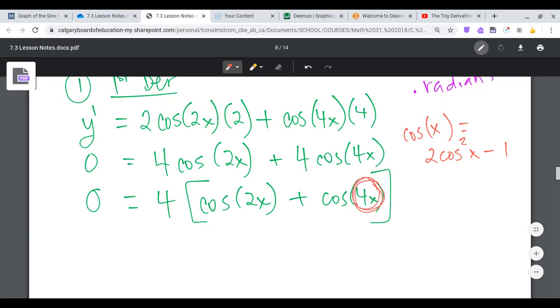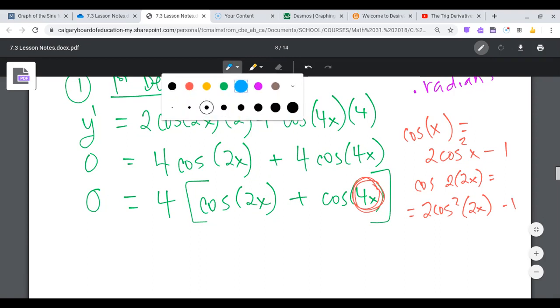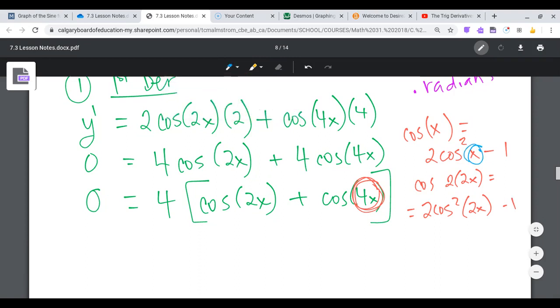That's really 2 times 2x. So that would be equivalent to 2 cos squared of the argument 2x minus 1. Here the x is the 2x, so those two match, these two match.